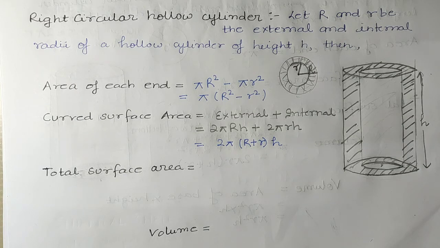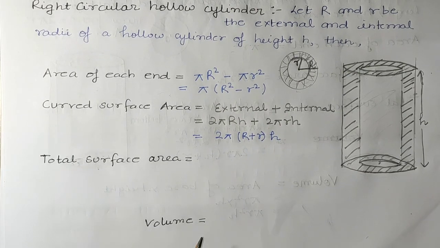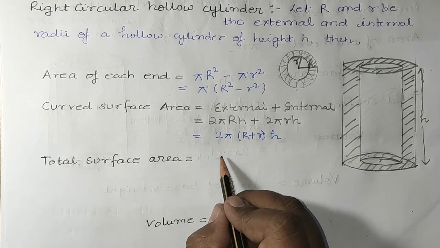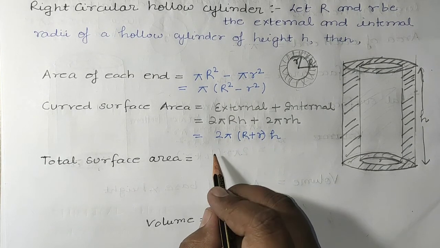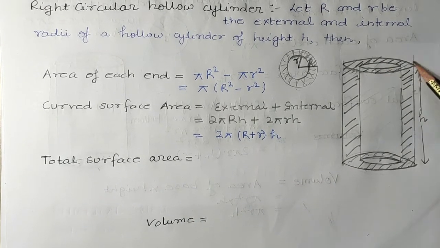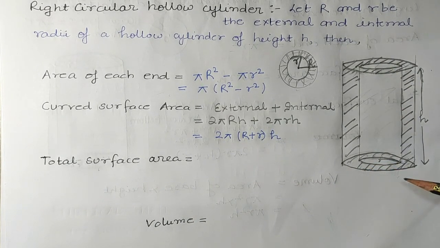Now let us understand what the formula of total surface area can be. As I have told you, in total surface area we have to include the area of its top and the area of its bottom also.